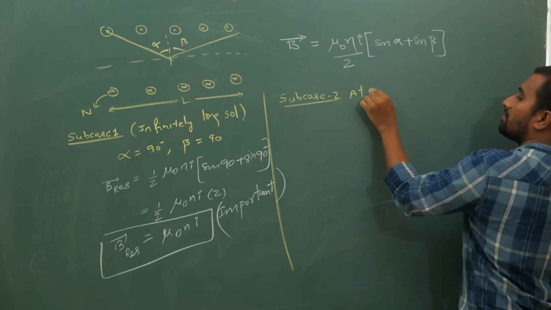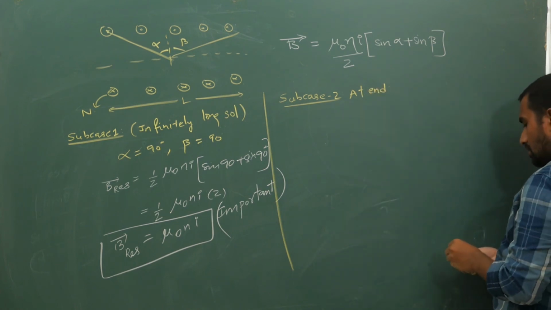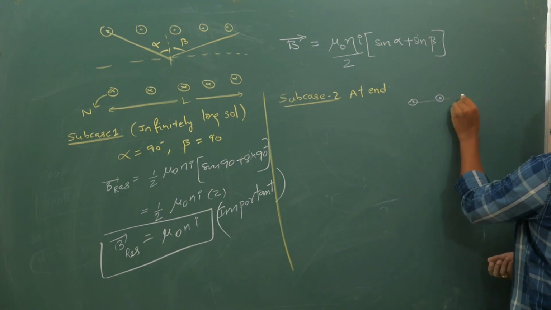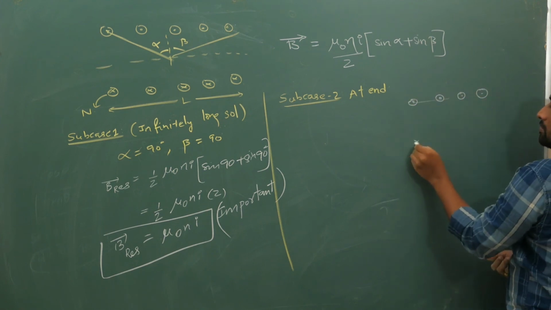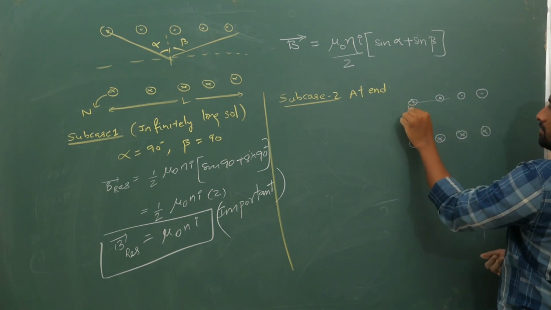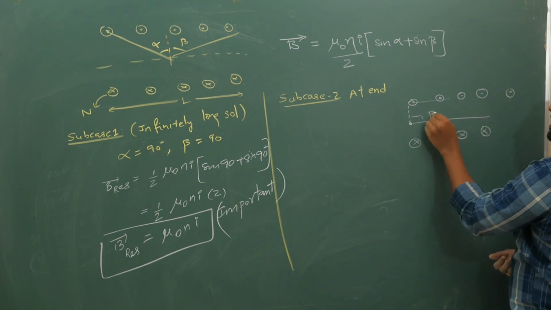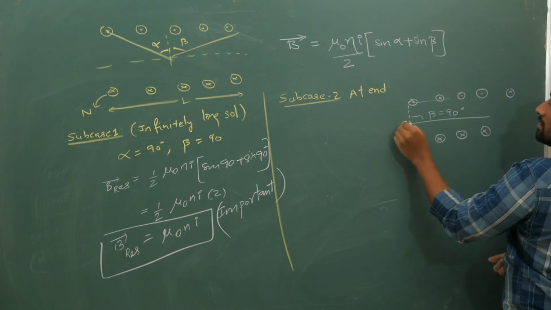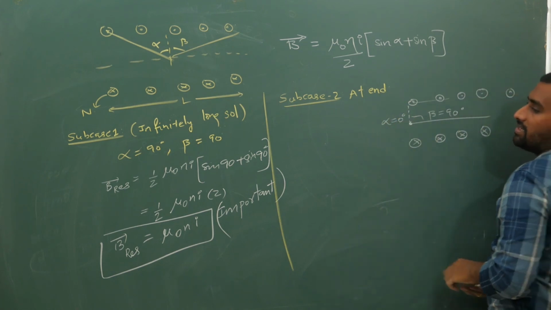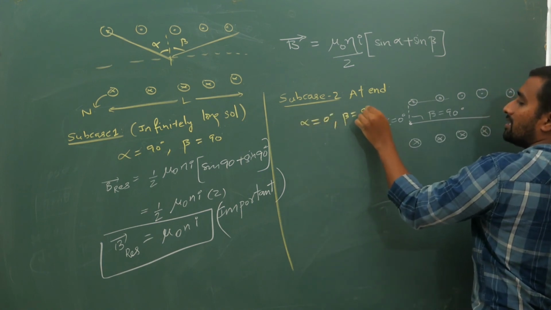Next, subcase 2, at end. So at the end means, your point is on the end of the solenoid and this side it is going till infinity. So your angle beta is 90 degrees, this side angle alpha will be 0 degrees. So at the end alpha 0, beta equal to 90.